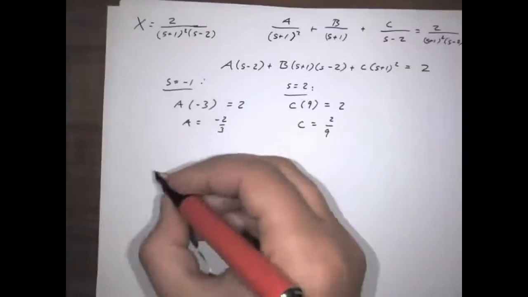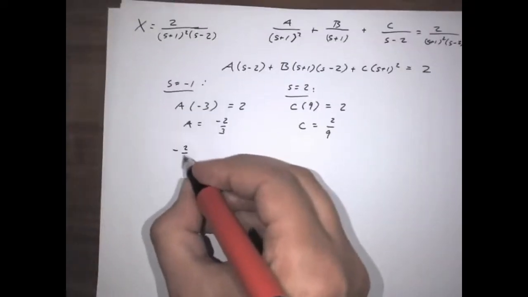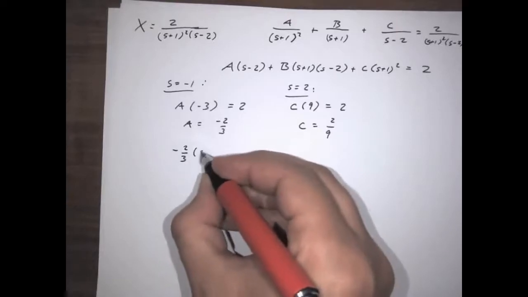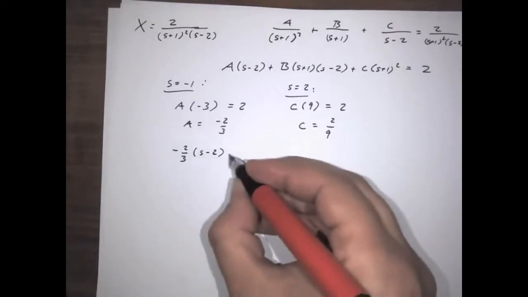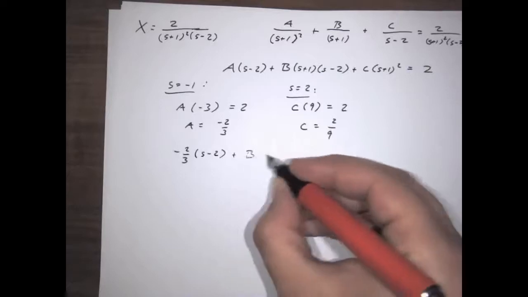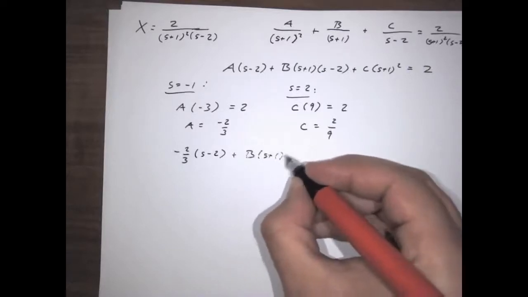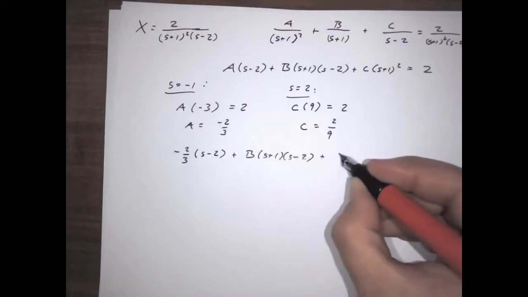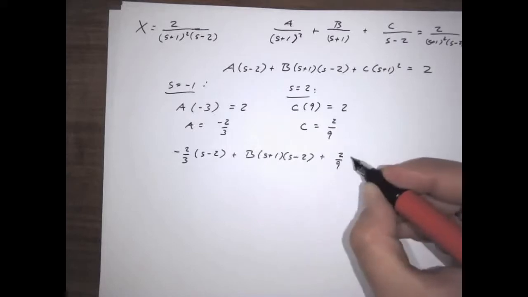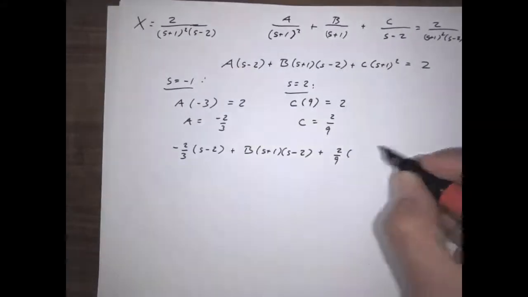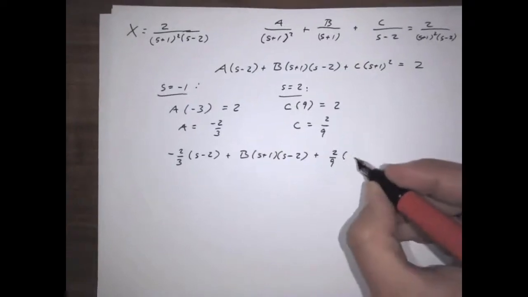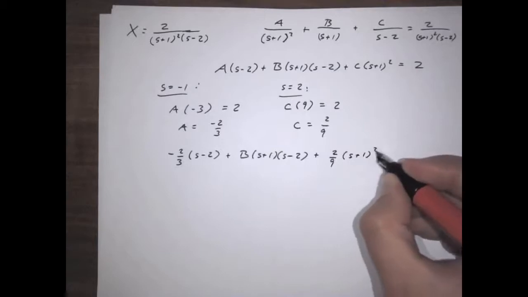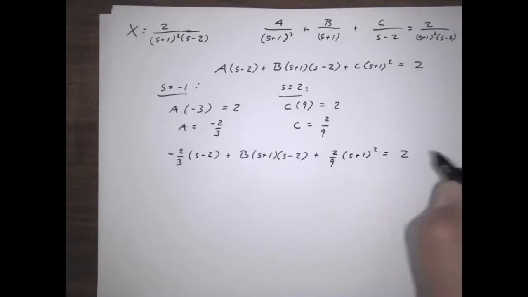So for the B, we have negative 2/3 times s minus 2 plus mystery B times s plus 1 times s minus 2 plus 2/9 times s plus 1 squared is equal to 2.